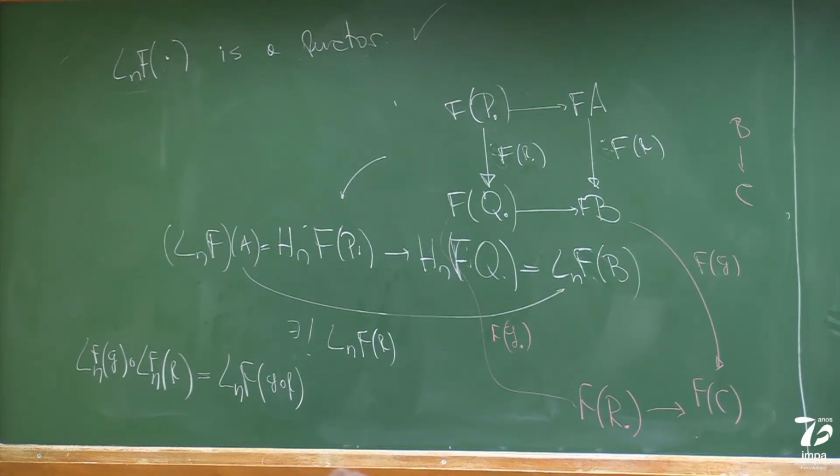Projective resolutions don't give you any uniqueness. Oh, wait, so what's the statement here? I might be screwing this up. The statement is that if I choose any other lifting, these two are related by a unique homotopy. That's what I'm claiming, and you're saying that that's false.